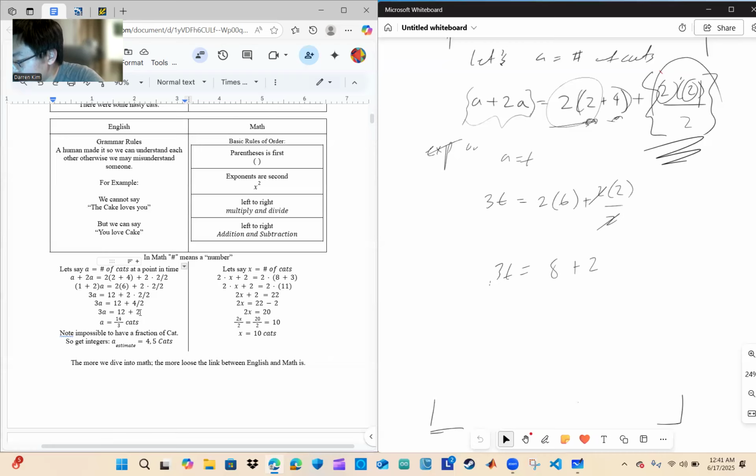Did I just count wrong? Yeah, that's 12. So that's 14 divided by 3 cats. And the reason why is because of the dumbness of the mirage mirror thing.